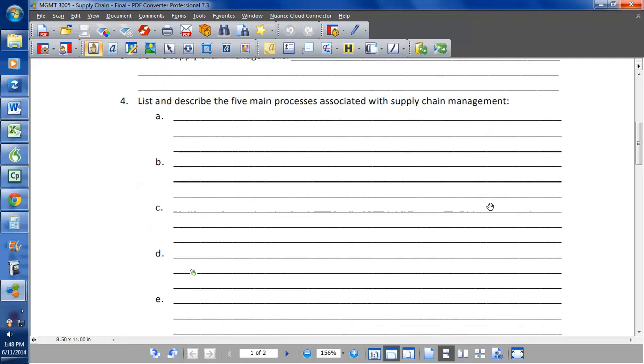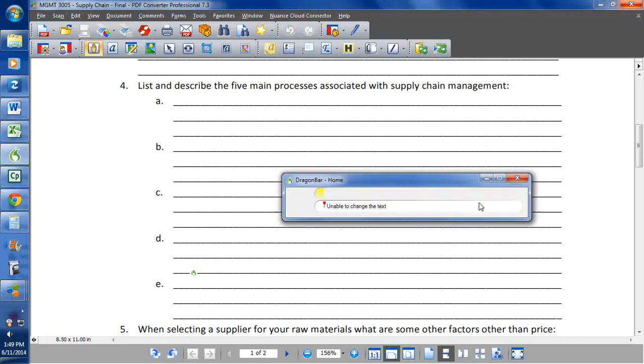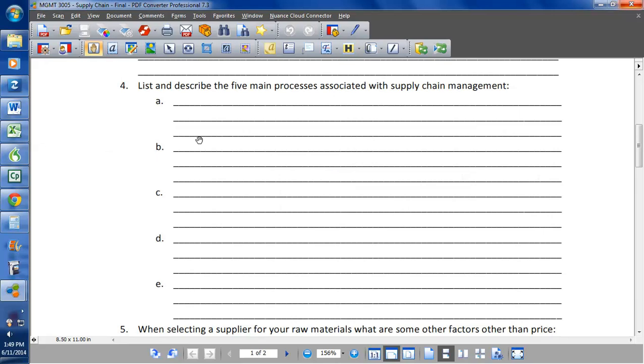Number 4, list and describe the 5 main processes associated with supply chain management. I will give them to you so you know what it is, but you're going to have to go back in and watch the videos to get your descriptions and everything. But we have planning and strategy, sourcing, the transformation process, delivery, and customer service / excess stock.